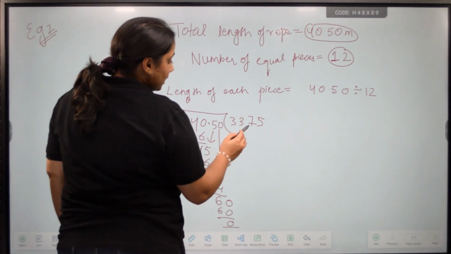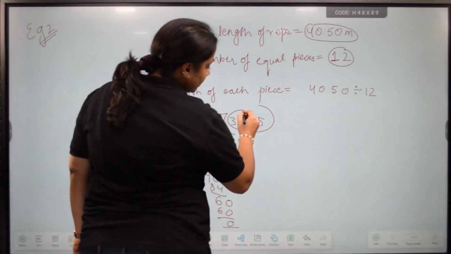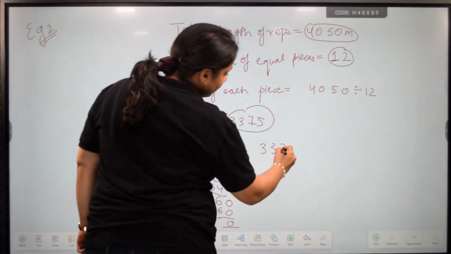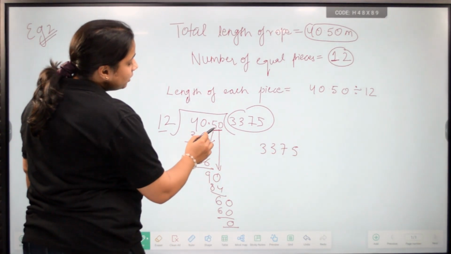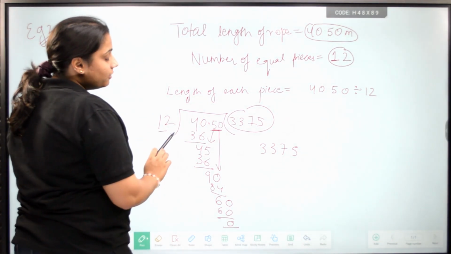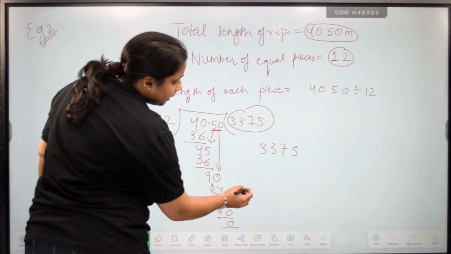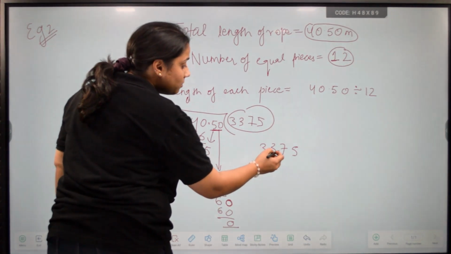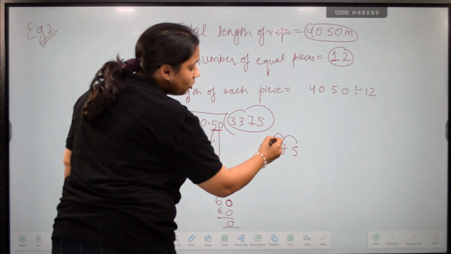So we can see that we got the quotient as 3375. We can see that we have 2 decimal places in the dividend, but we have marked 1 0 here. That's why we will place the decimal after 3 digits counting from the right.